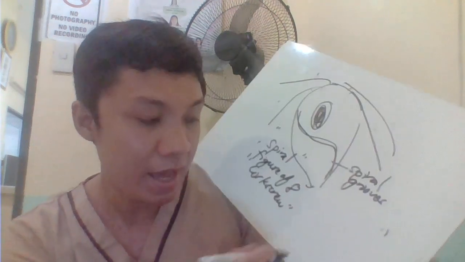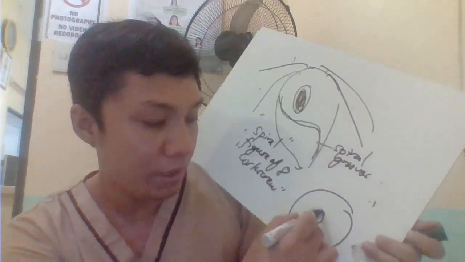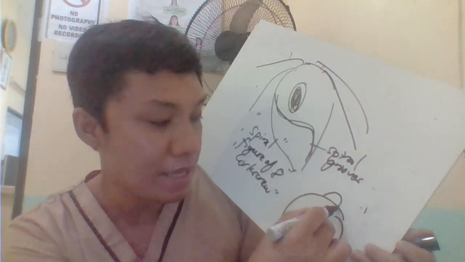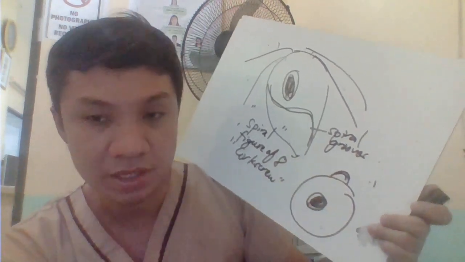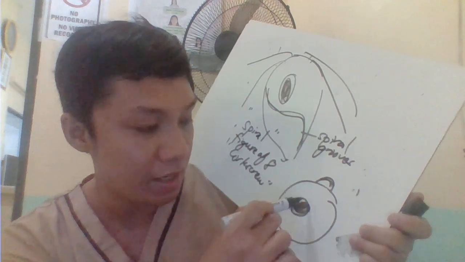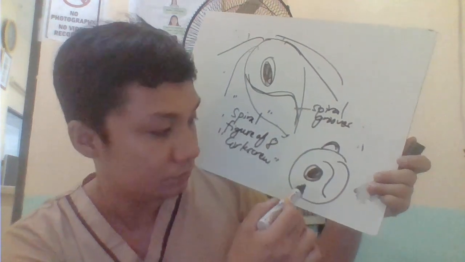The cyst, on the other hand, has one nucleus with a nipple-like projection. It's a lemon shape with a nipple-like projection, and we'll also have fibrils present.